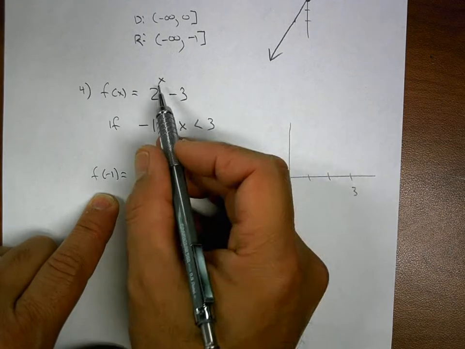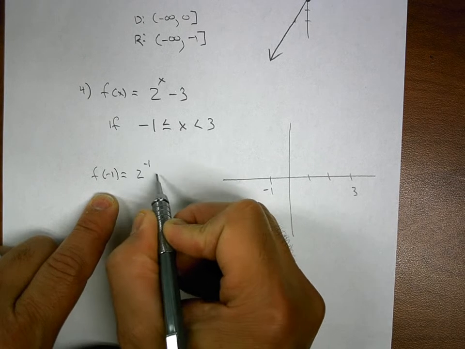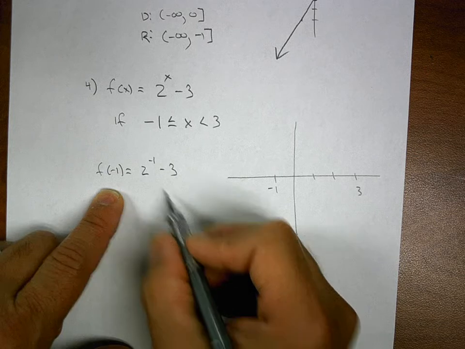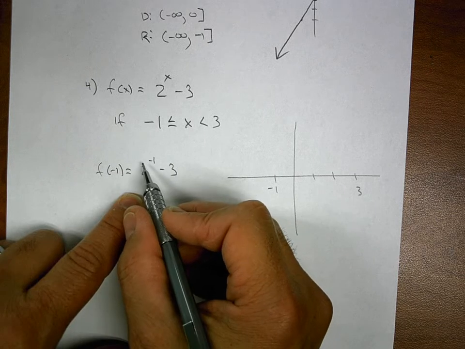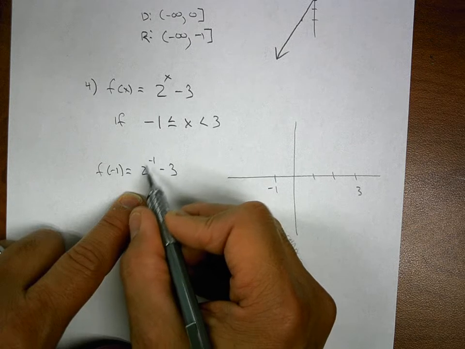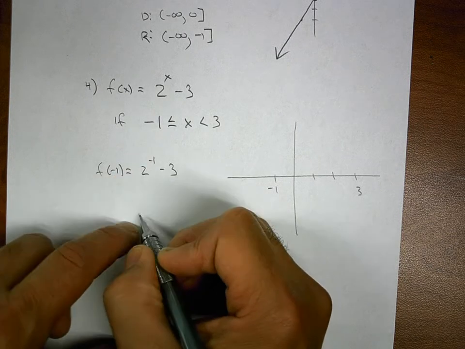So f of -1. We plug -1 in there, we get 2 to the -1 minus 3. Do you guys remember what 2 to the -1 is? You kind of flip it. So this is actually what? 1/2. Good. Because that's 2 to the first, but that 2 to the first should be down below, so it's 1 over 2 to the first.